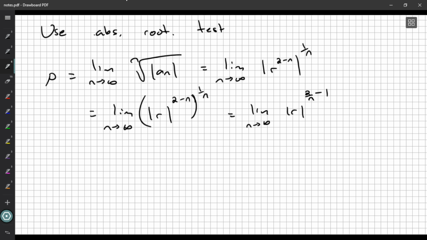Now, as n gets bigger, 2 over n is going to go to 0, so the limit in this case, because r is just a constant, and an absolute value of r is also constant as far as n is concerned, is going to be absolute value of r to the minus 1, or you could say 1 over absolute value of r. So that's our rho value in terms of the r value.